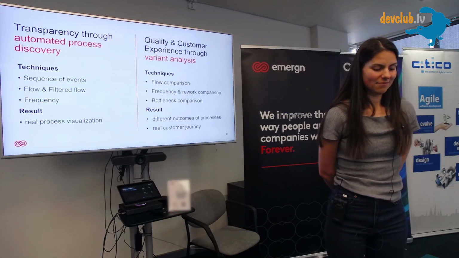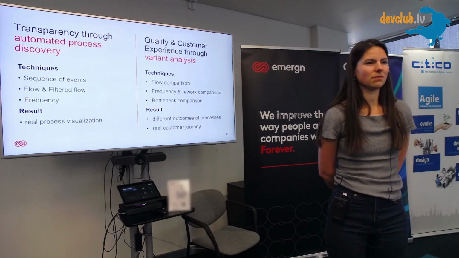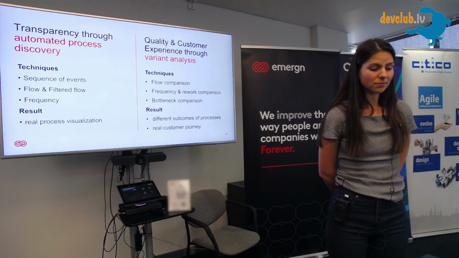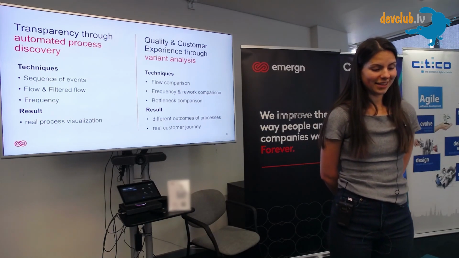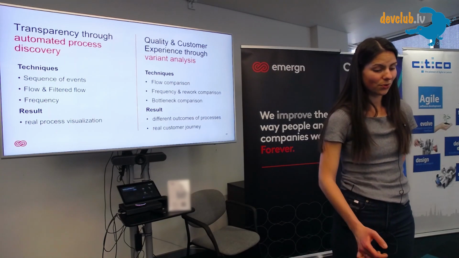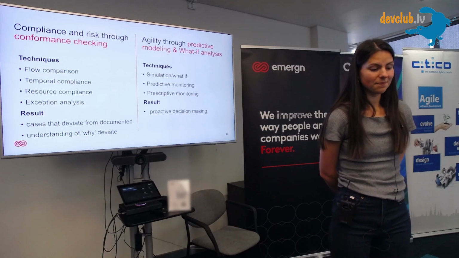We will definitely try to find those with rework and with bottlenecks inside, and it will give us as a result the real customer journey and different outcomes of processes.